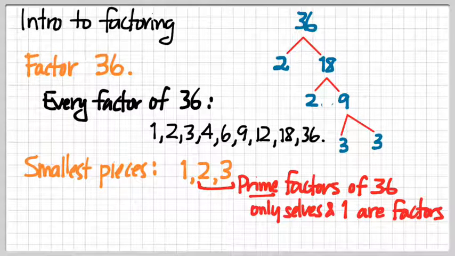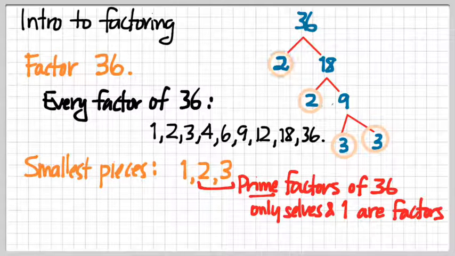And now, at this point, none of the numbers at the ends of my tree branches can be broken apart any further. And so we're done with what's called the prime factorization of the number 36.